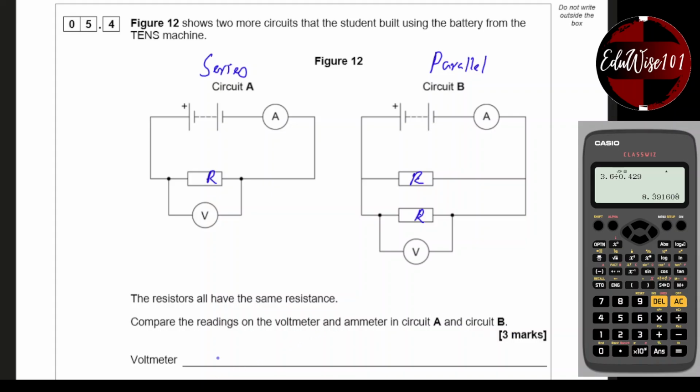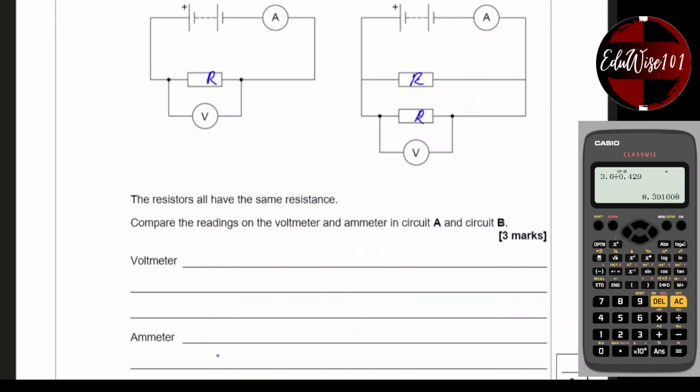So first, they're asking you to compare the reading on the voltmeter. What will be the voltmeter reading in here? So let's say they both have a 9 volts power supply. If it's 9 volts there, because it's only one component, you are going to read 9 volts there as well.